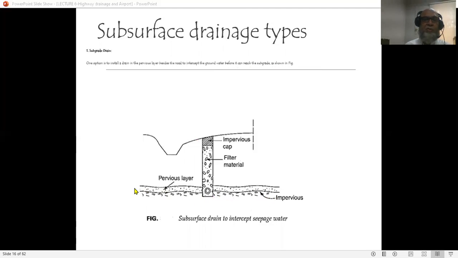So what you do, you provide a pervious layer. This may be of gravels. And you excavate a trench like this. You have a pipe that we call a perforated pipe.